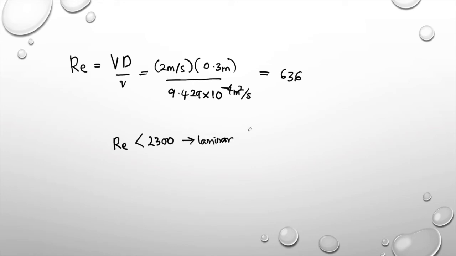Your Reynolds number is 636, which is below 2300, therefore this is laminar flow. So we know that this is laminar flow.